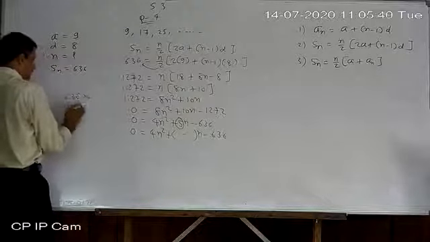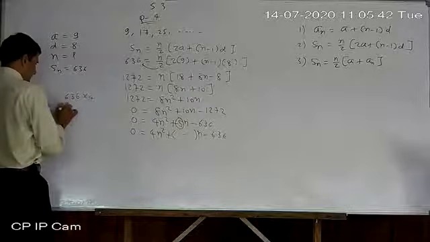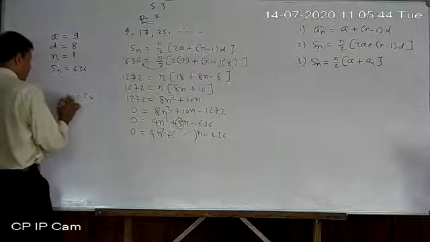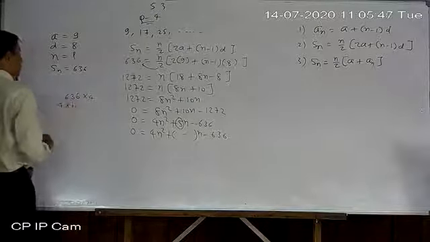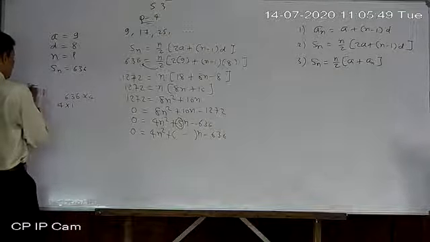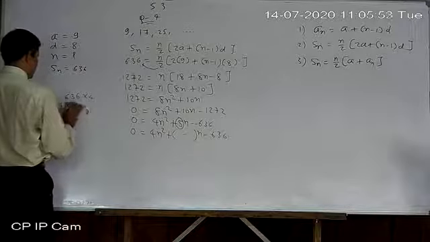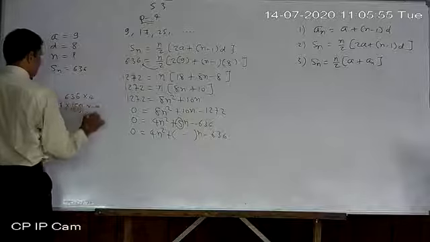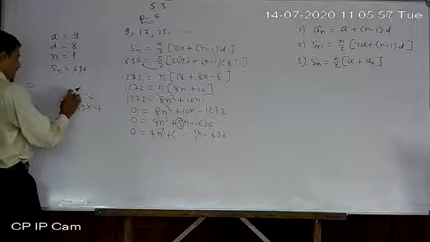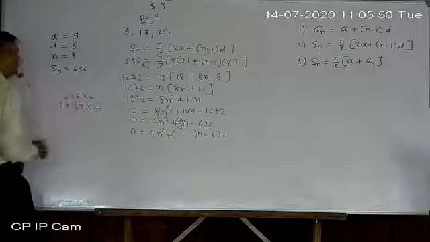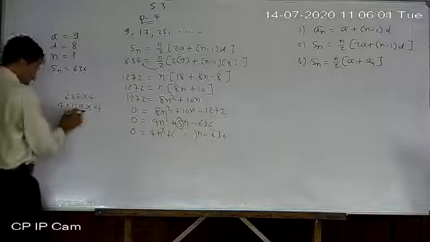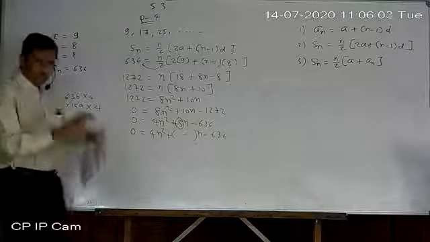So now, can I factorize by 4? Actually it is 4 times 159. Again, try to factorize more and more.